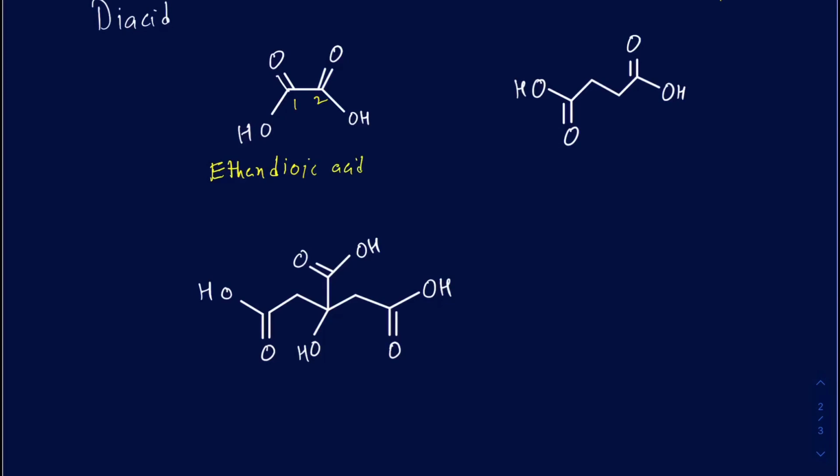And even if you call it 1,2-ethane dioic acid, it's fine as well. What about this next one? I have 4 carbons, and I got the carboxylic acid groups on the first and the fourth one, so we can easily call that butane dioic acid.